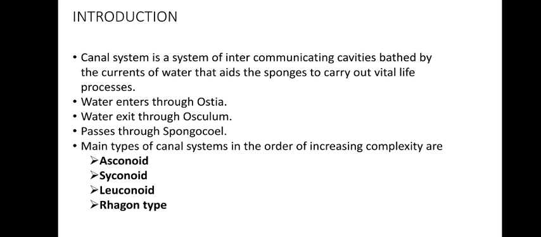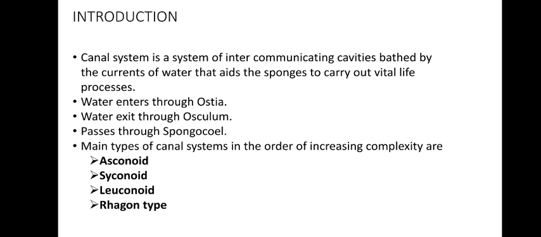That means they don't have special systems for digestion, respiration, excretion, circulation, nothing. But still they need to survive since they have aggregates of cells. And this challenge of surviving has been overcome by adopting a special kind of water system called the canal system.